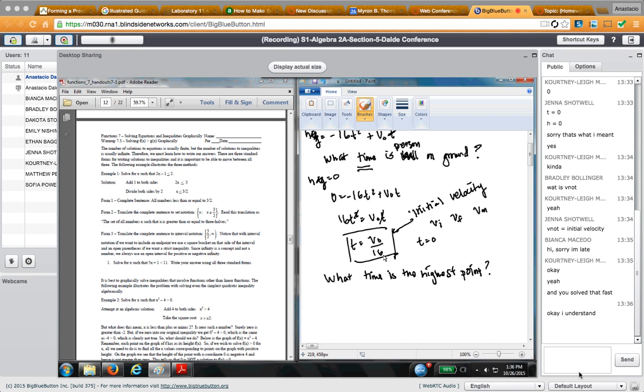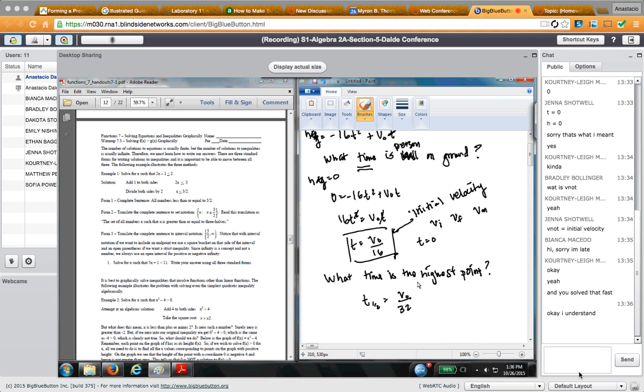And I solved it fast. Yes, I did solve it fast because this isn't the heart of the problem. This is just the first couple of steps. If this is the time at which the person is on the ground, at what time is the highest point? Well, I don't know how we want to designate this. Maybe we'll call it T sub 1/2, which means v naught over 32.